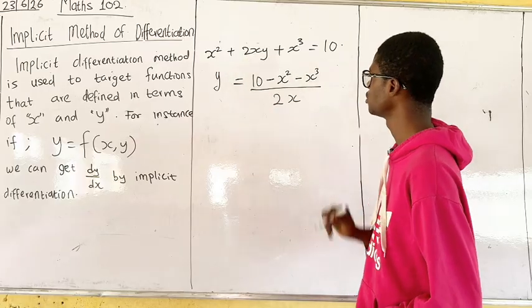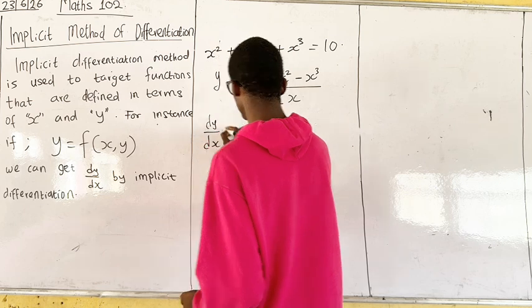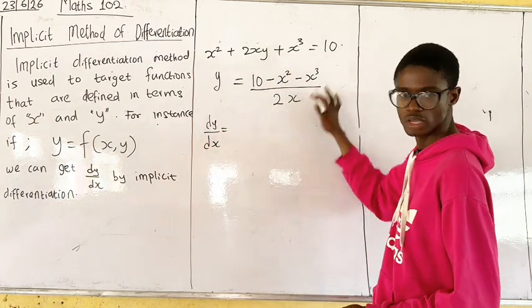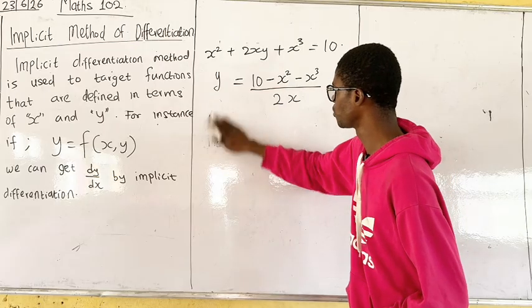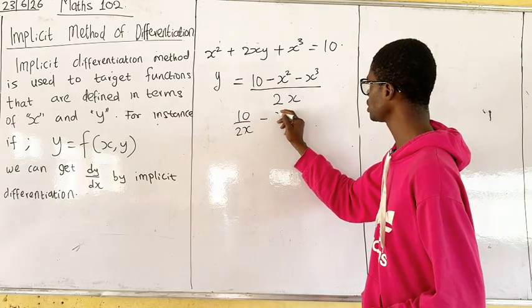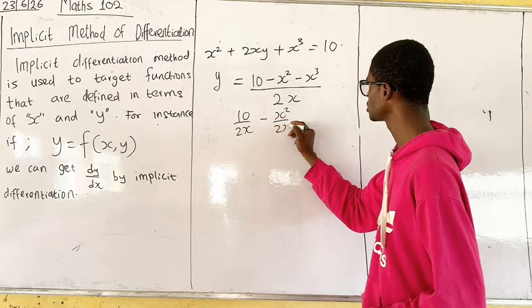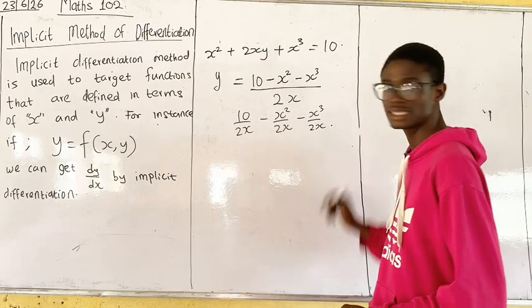Now if you want to find dy/dx, it's quite simple, because this thing that is looking very big can be broken down to 10 over 2x minus x squared over 2x minus x cubed over 2x.